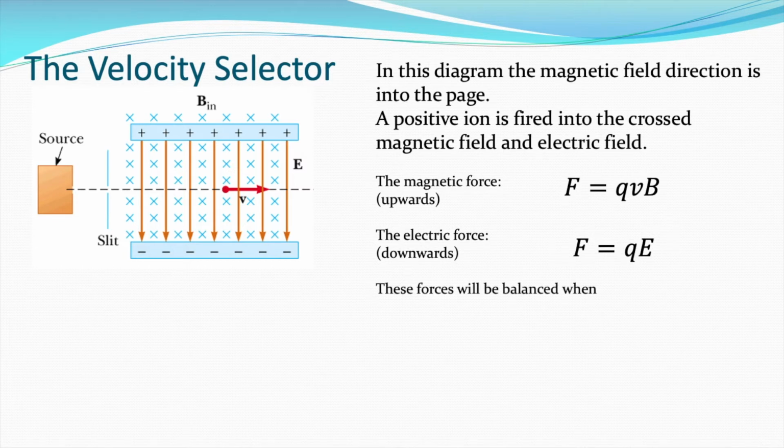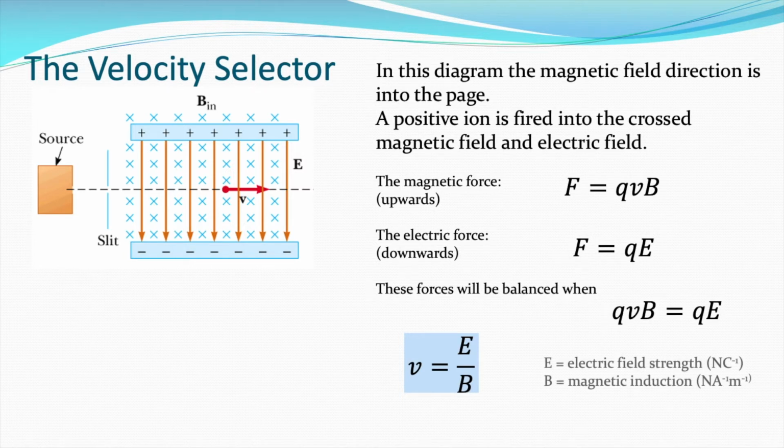When the forces are balanced, equal forces, opposite directions, QvB equals QE, the Q's cancel, and we rearrange for v: v equals E over B. So by selecting particular values of your electric field and your magnetic field, you can select particles with specific velocities.